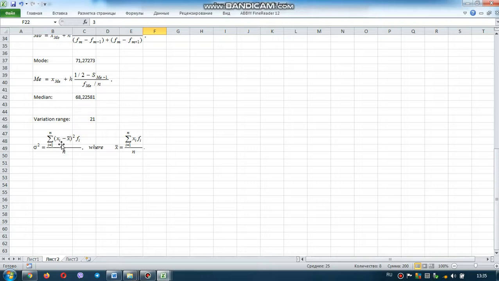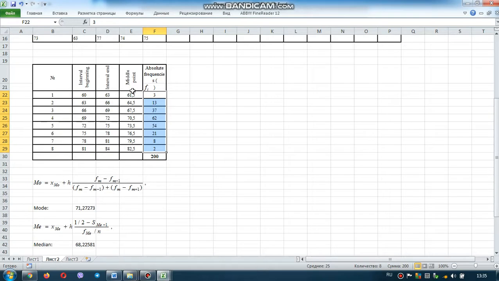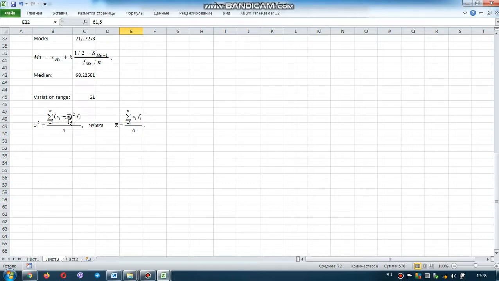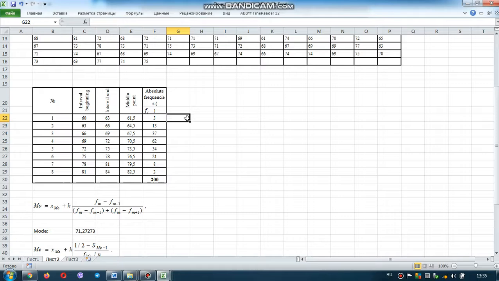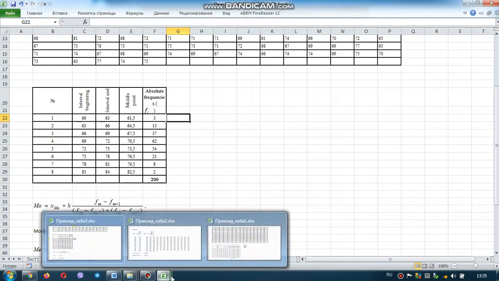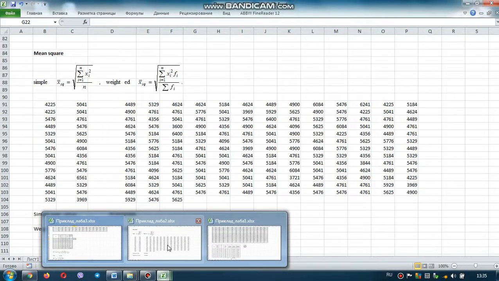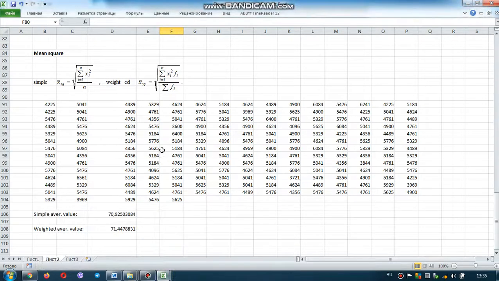We know the xy. Xy is the middle point of the interval, and x average. X average, we have known this value from our previous laboratory work.